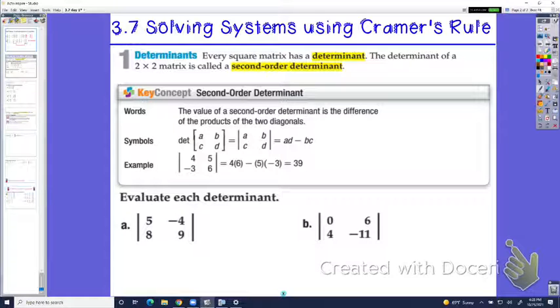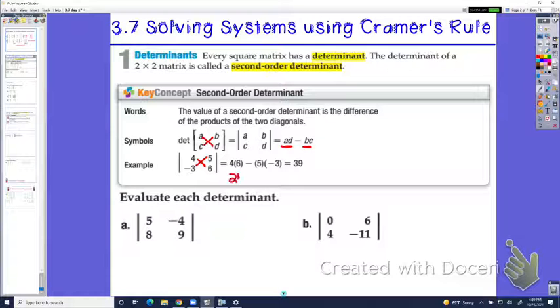So the way you do this, and I'll show you by hand and also on the calculator, is if you have, look at the example here, A, B, C, D. Kind of like cross products in a way. You're subtracting the cross products. So A times D, that's A times D, minus the BC product. So if you look at the one with the numbers, 4 times 6, that's 24, minus 5 times negative 3.